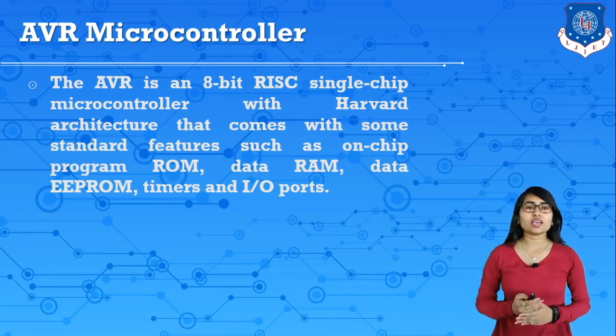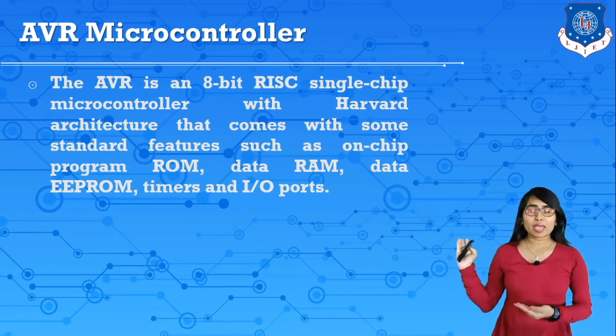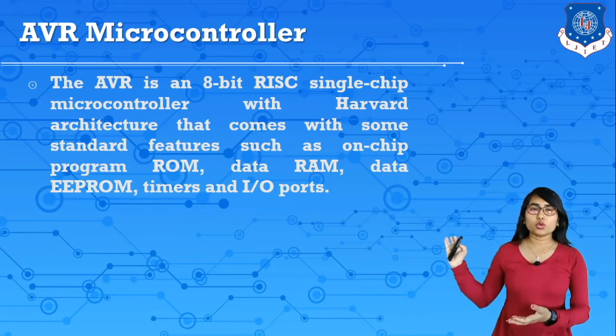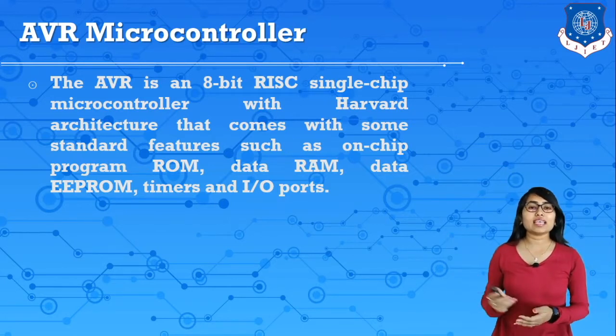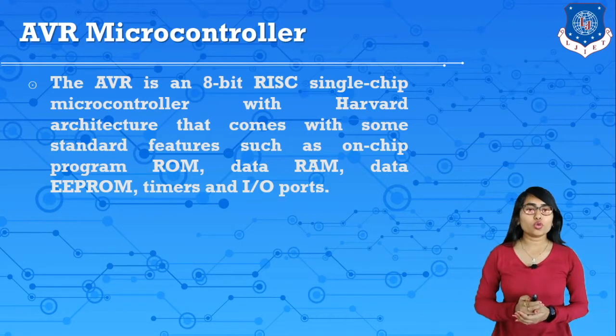This AVR is basically an 8-bit reduced instruction set computer microcontroller. This is basically a single chip microcontroller with Harvard architecture that comes with some standard features such as on-chip program ROM, that means memory to store a program, then data RAM, that means memory to store data, then data EEPROM, timers and IO ports.